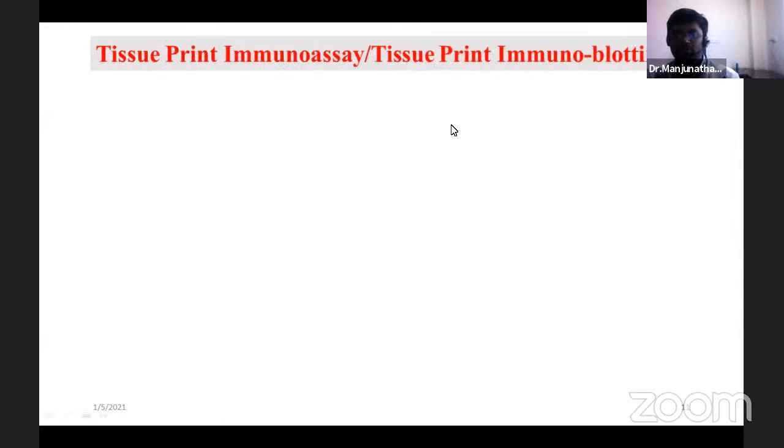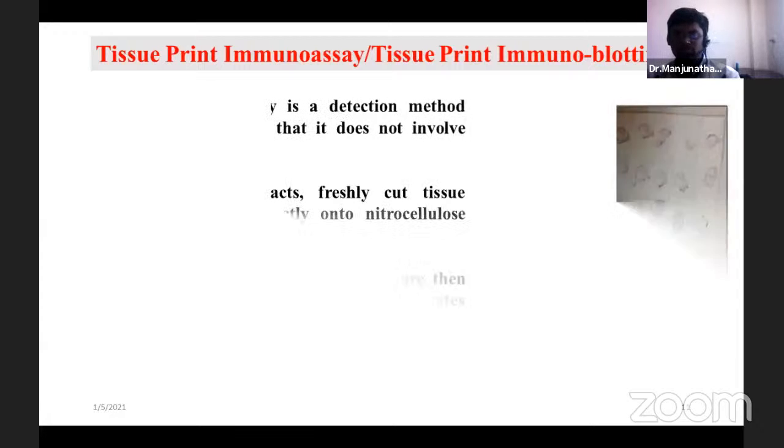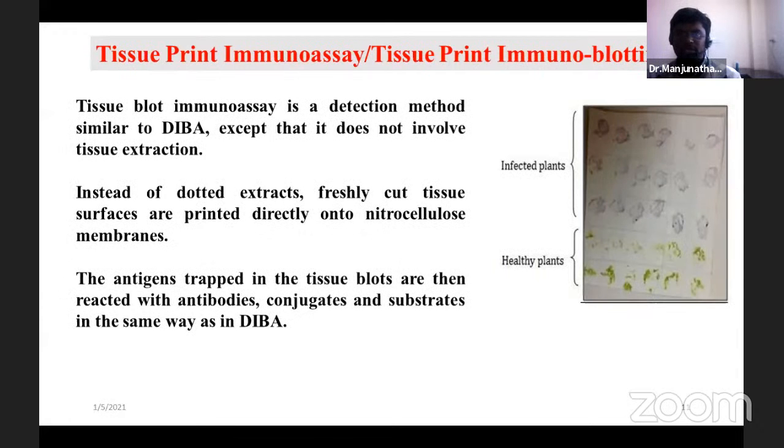A variant of ELISA is tissue print immunoassay or tissue print immunoblotting. It is similar to dot immunoblot assay, except it does not involve tissue extraction. There is no need to extract the inoculum from the source.